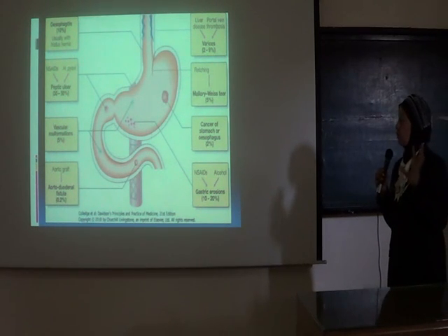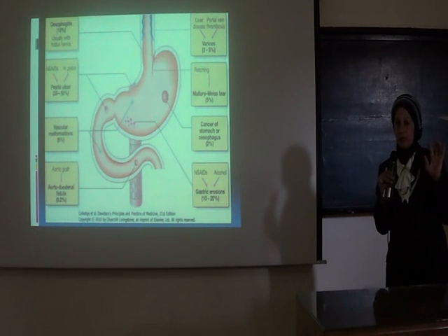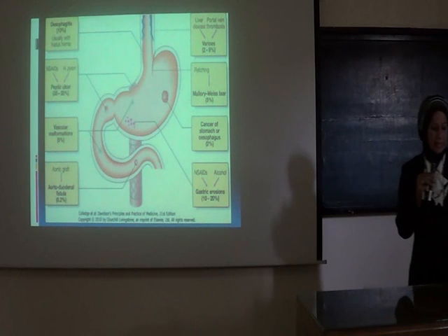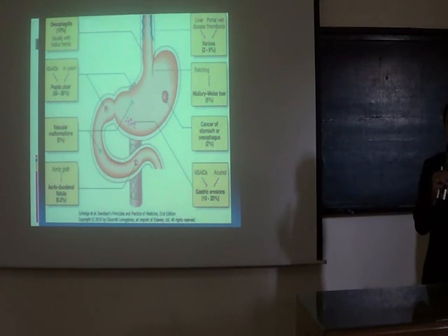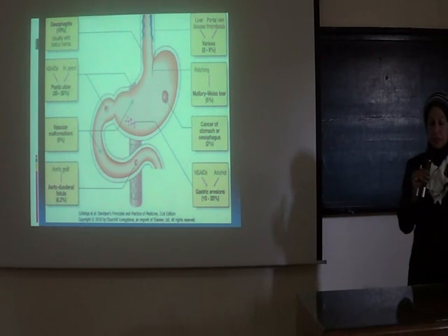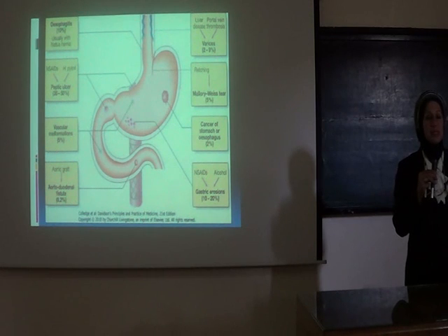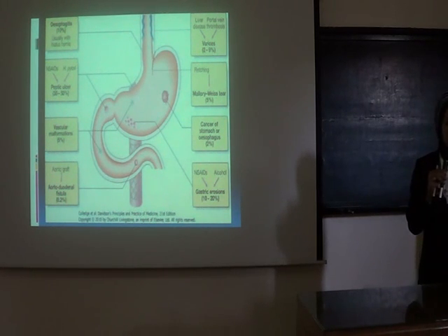Here is a cartoon diagram of these vessels at the lower end of the esophagus, communicating at the junction between the stomach and the esophagus. Here is the endoscopic picture of the varices.